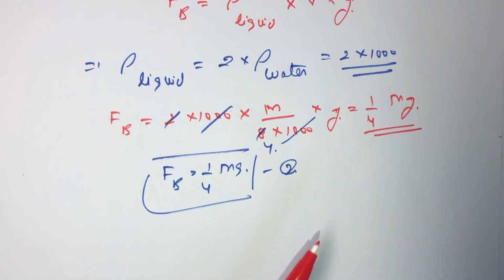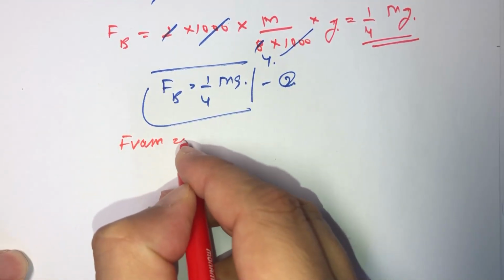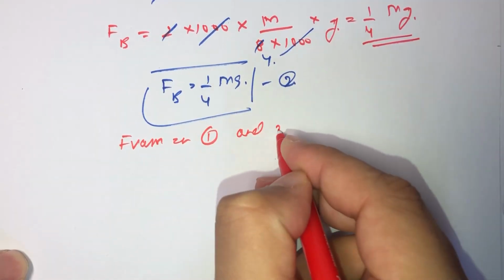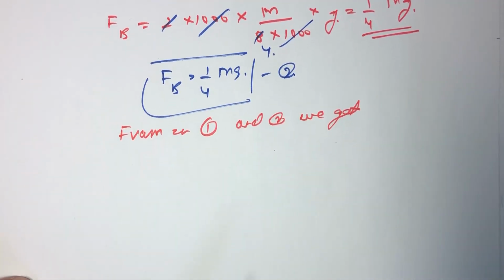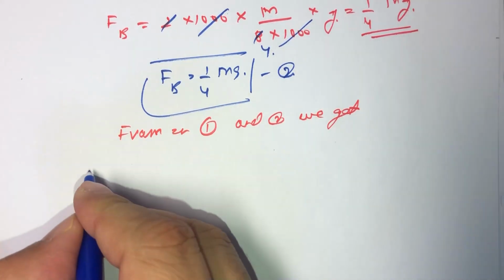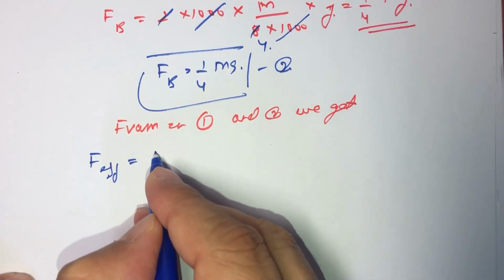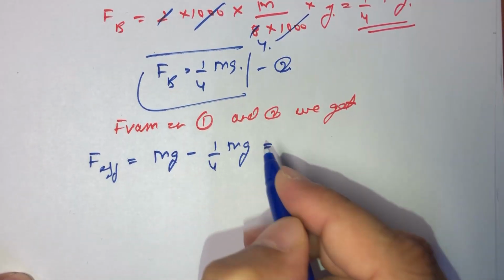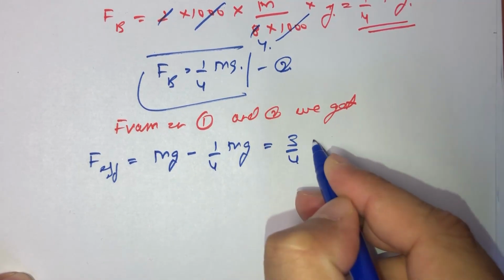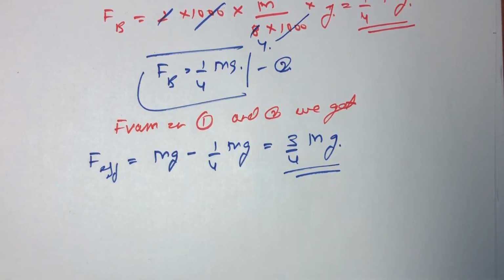From equation 1 and 2, we get F effective will be equal to mg minus 1 by 4 mg, and this becomes 3 by 4 mass of the load multiplied by g. So this is the effective value of the force that will be acting on the load when the load is immersed in the liquid.